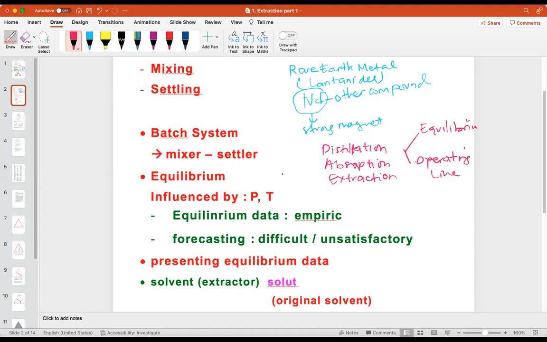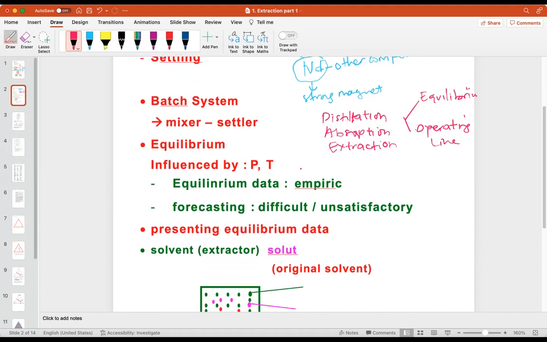Once we know the equilibrium data, then we can think about how many stages, for example. Unlike distillation, where there is a very good thermodynamic model for vapor and liquid, for extraction there is not much equilibrium data, so forecasting would be difficult and unsatisfactory.